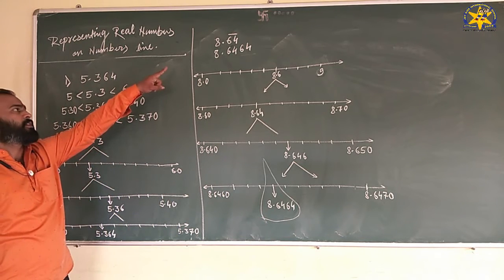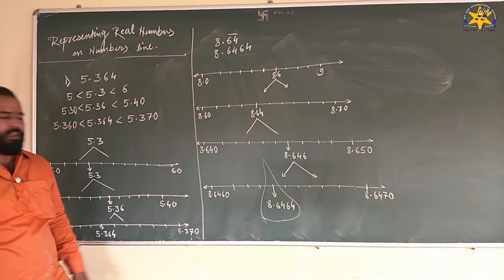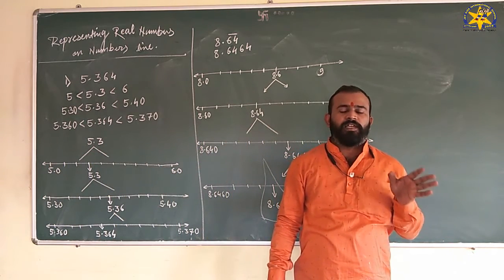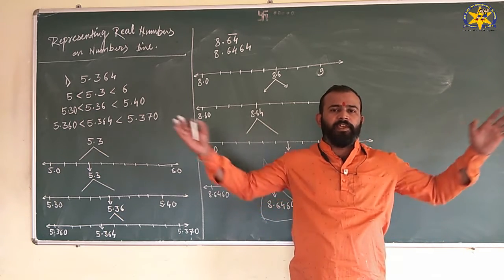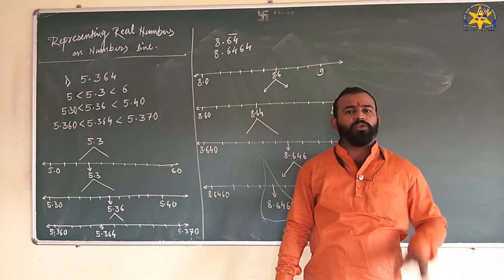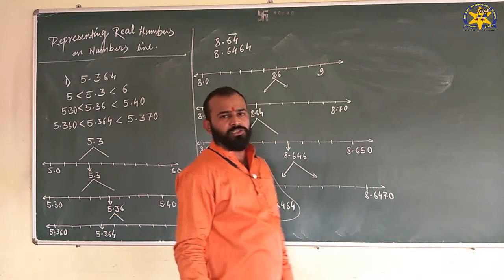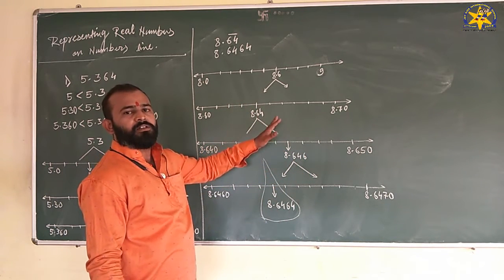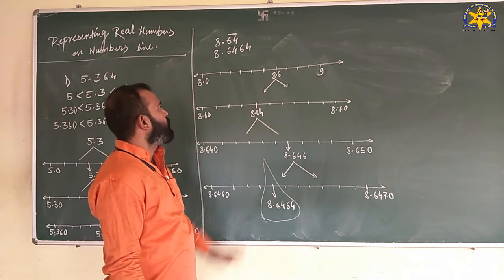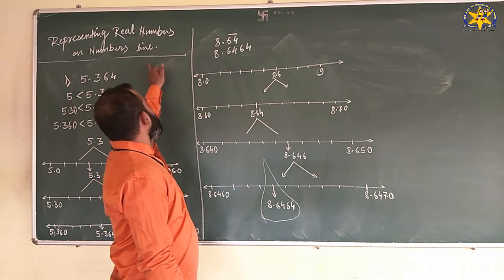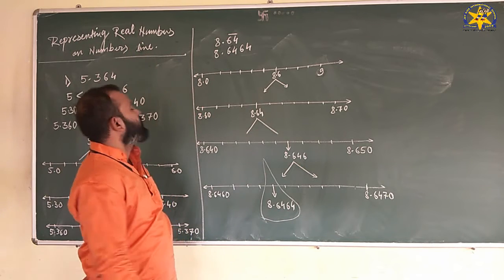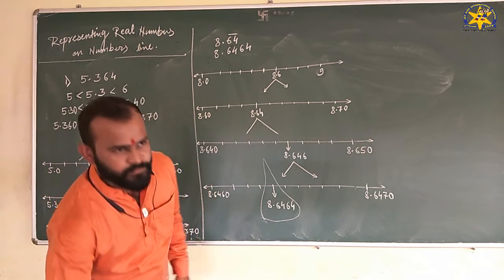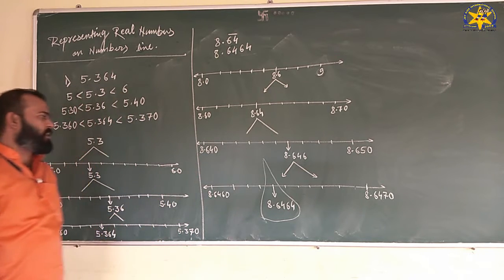Okay, this means we can represent recurring numbers also on the number line. Actually, this shows that there are infinitely many numbers between any two given numbers. Okay, if any doubt is there, please share it with me. So here we have seen how to represent real numbers on the number line. Now our next topic: this was decimal numbers.